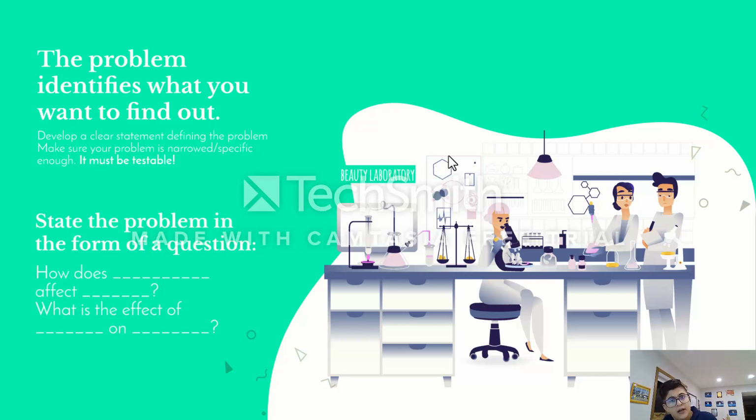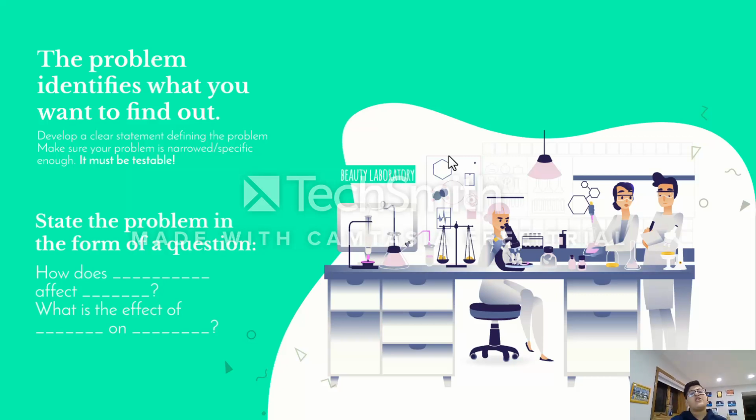When we were hit by COVID, that was a big problem, and the solution was to find a vaccine for it. When you create a statement that defines a problem, you want to make sure that it's narrowed and specific. It shouldn't be vast, including many other topics. It should be pinpointed to one or two things, so being very specific.